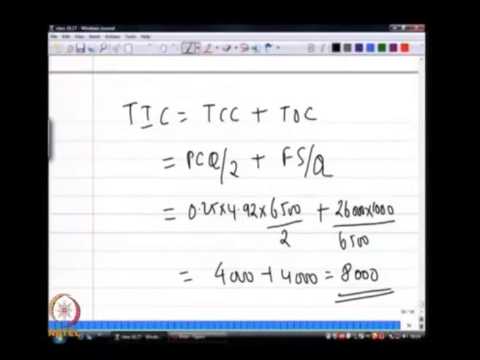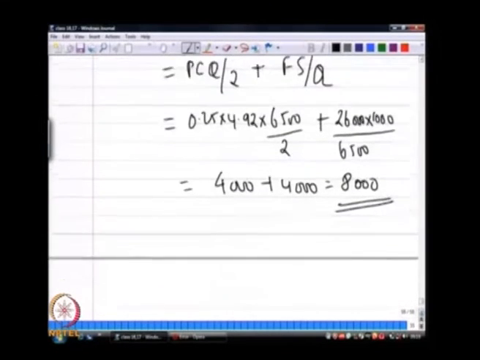At economic order quantity, because our total carrying cost is equal to the total ordering cost, this 8,000 has to necessarily be split into 4,000 and 4,000 each for ordering and carrying cost, and this is true in all examples where the total ordering cost and the total carrying cost will be equal at the economic order quantity, and that is what I just illustrated in this example.